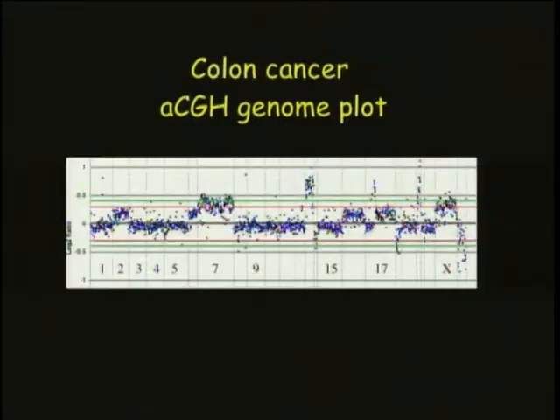And it makes it really difficult to figure out what to call a gain and a loss, because the red line represents 2 standard deviations from the mean, and the green line represents 3 standard deviations here. And there are a lot of obvious abnormalities, like this gain on chromosome 2, that wouldn't make either of those cutoffs. So for solid tumors like this, people use more complicated algorithms that utilize hidden Markov models or things like that. So it is a quantitative technique.